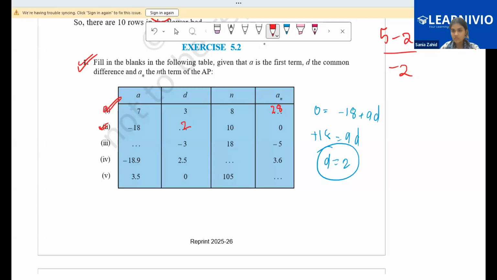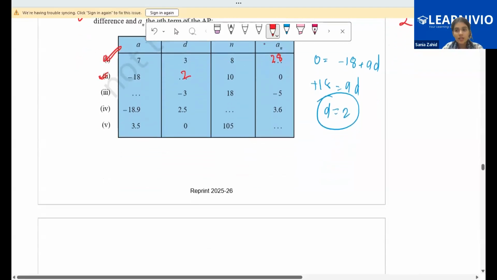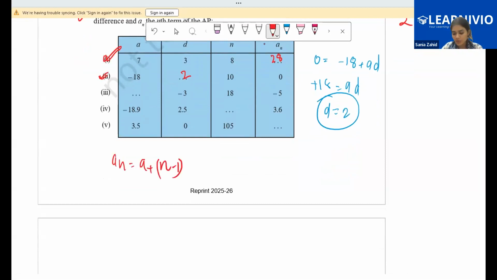A is minus 61. Okay, let's check. We have an is equal to a plus n minus 1 d. This formula you use. Now the nth term is minus 5, which is equal to the first term plus n minus 1 d, so 17 into minus 3. So minus 5 and plus.